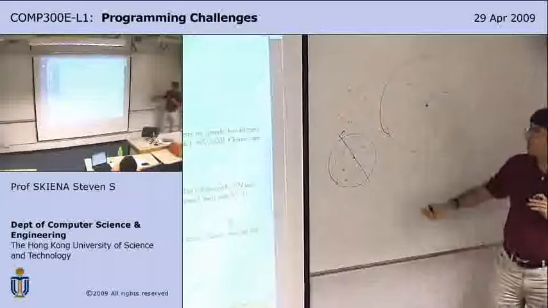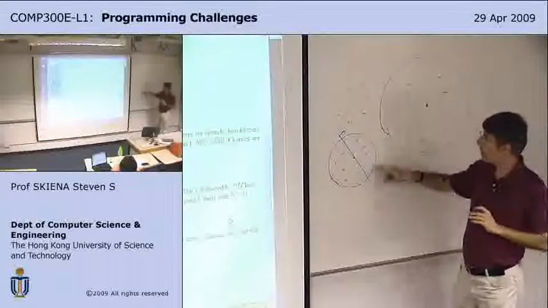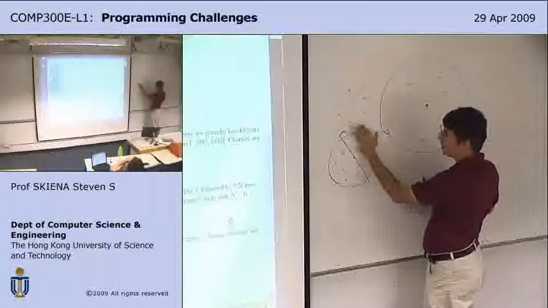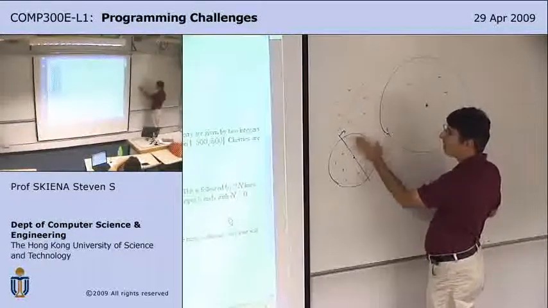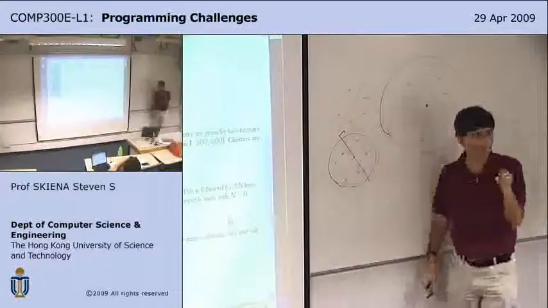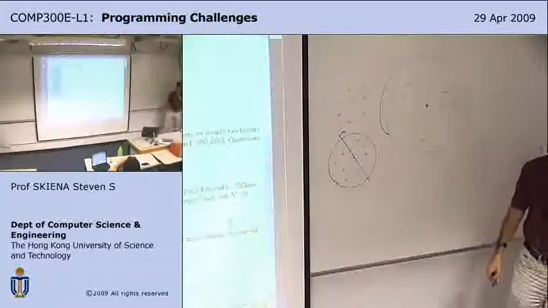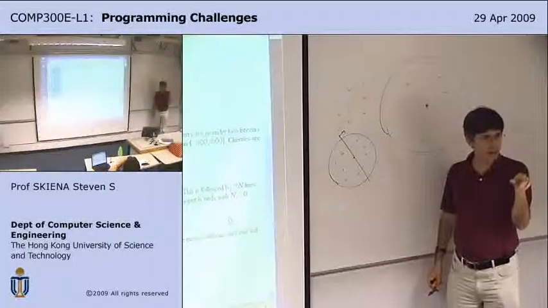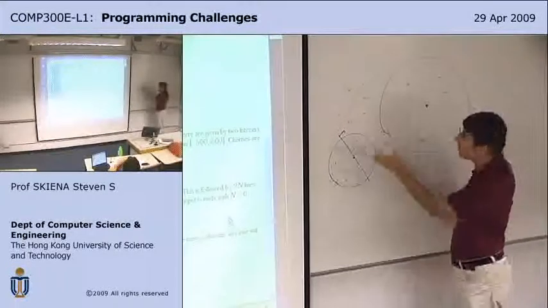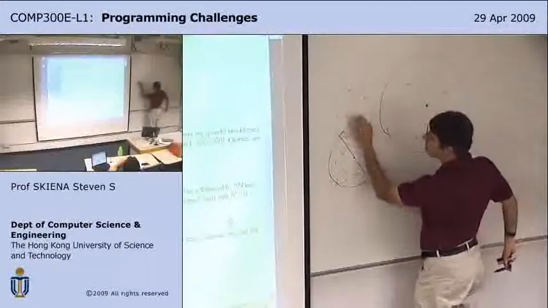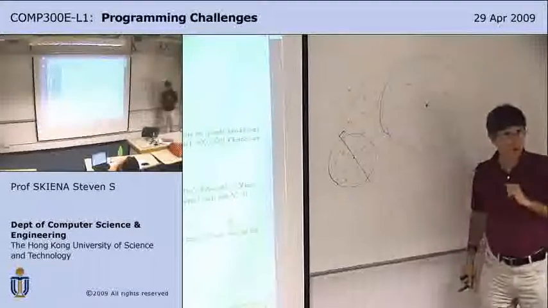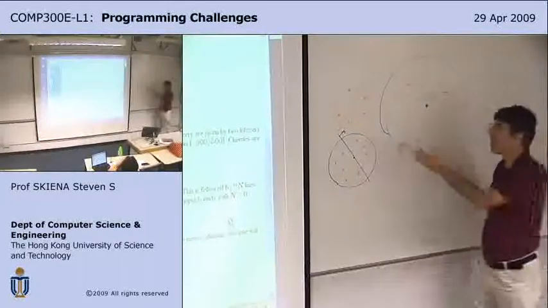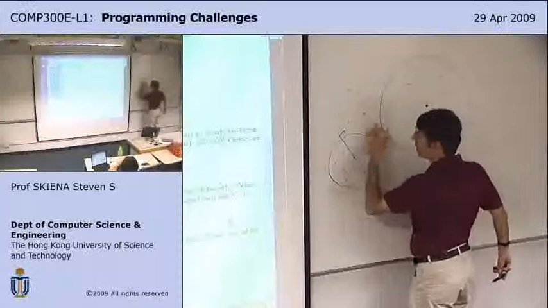How many cherries lie on this side of the cut? There are fewer than half the cherries. Does everybody agree with that? This side there's fewer than half. This side there's more than half. Does everybody agree with that? Now let's look at what happens as I turn this line. When will the number of cherries on this side of the line change?